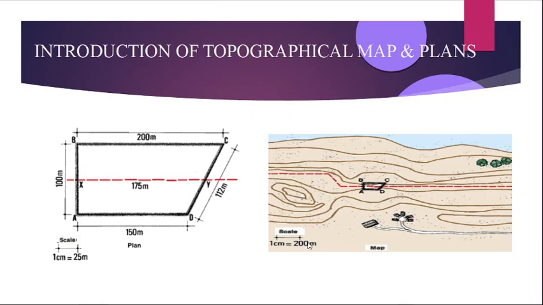It will be 20,000. Now the field method should be selected considering the type of terrain. Suppose this is the flat terrain and this is the rugged terrain. For rugged terrain, the methods may be less precise compared to those for a comparatively flat terrain. Okay. Thank you.